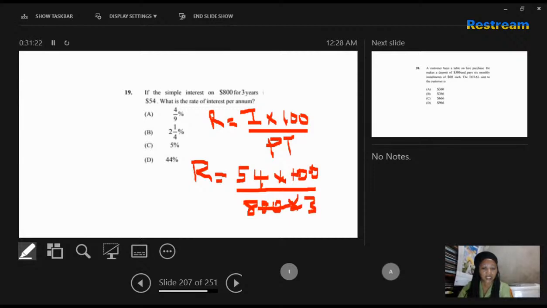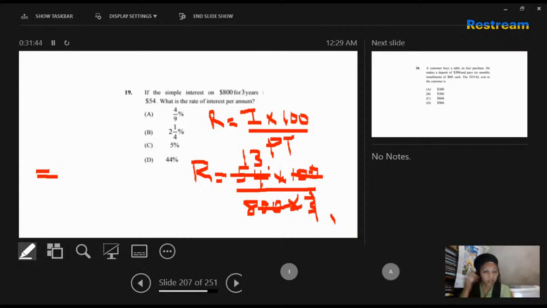The hundreds cancel, and 3 into 54 is 18.